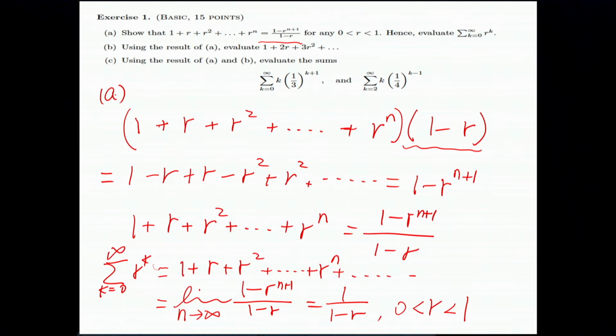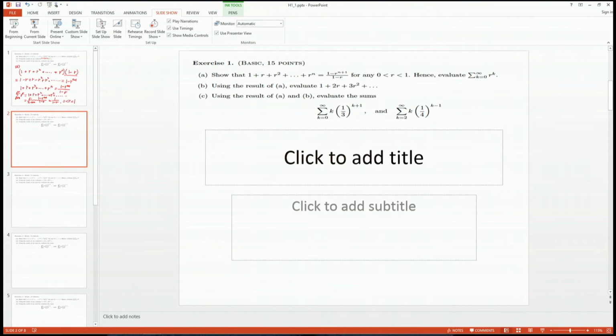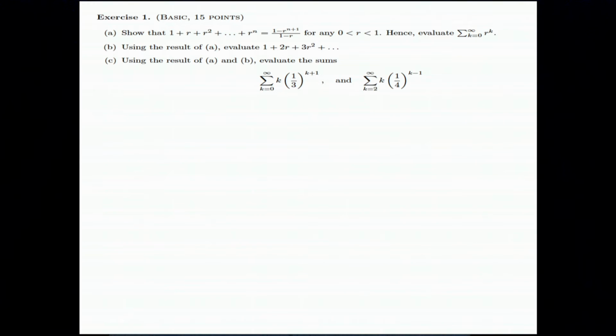So part B. Part B is using the result of A to evaluate 1 plus 2 times ratio plus 3 times ratio squared plus 4 times ratio cubed to infinity.